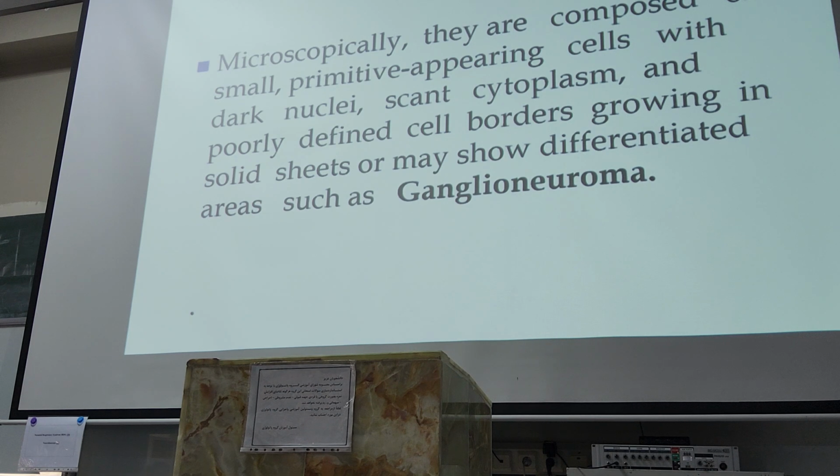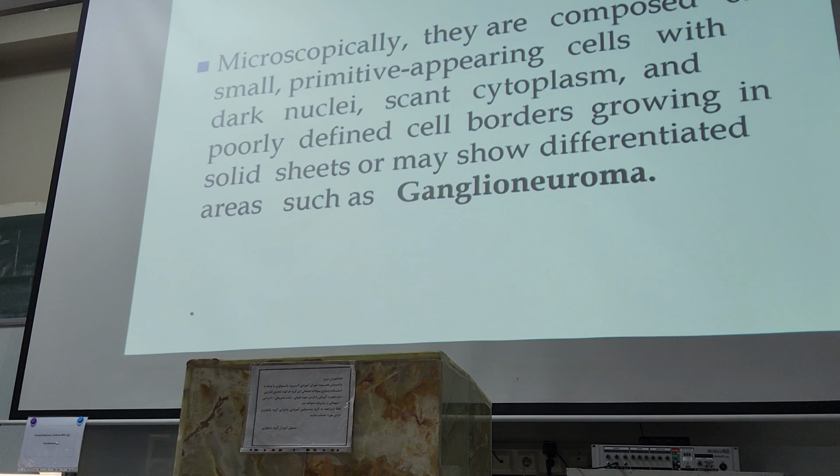So the more differentiated lesion here is ganglioneuroma. Ganglioneuroma is the most differentiated lesion in this range, and neuroblastoma is the least differentiated.